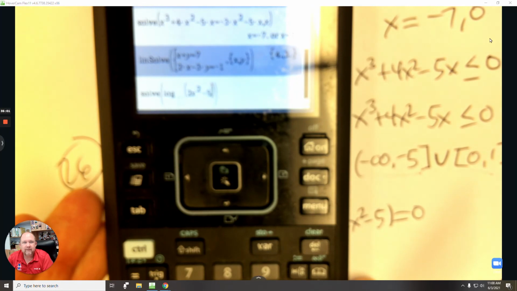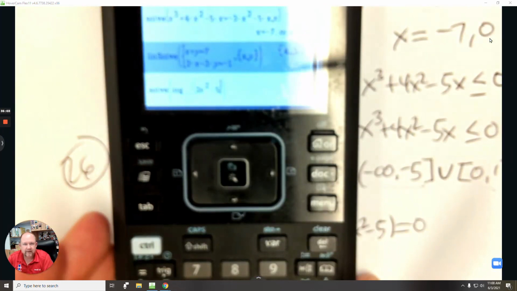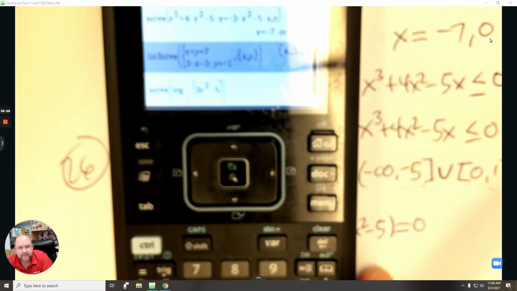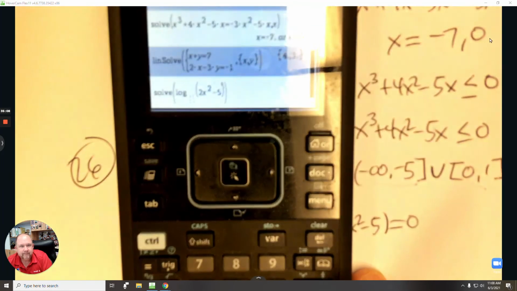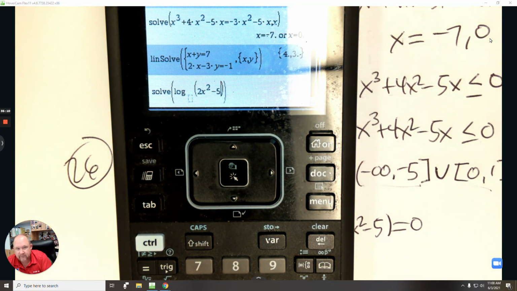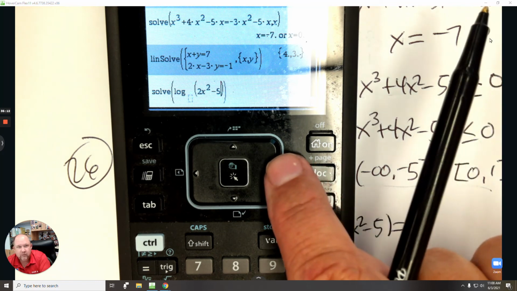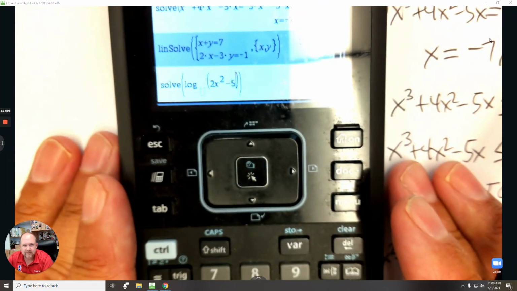Now once we have typed this in, see if I can get it focused again. So once I have it typed in, you need to move the cursor. Again, it doesn't want to focus. Sometimes it just gets a little moody with the lighting or something. I'm not sure what's happening. Sometimes if I move it closer, it might focus in or not focus in.